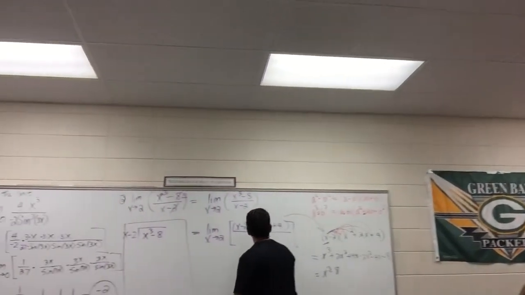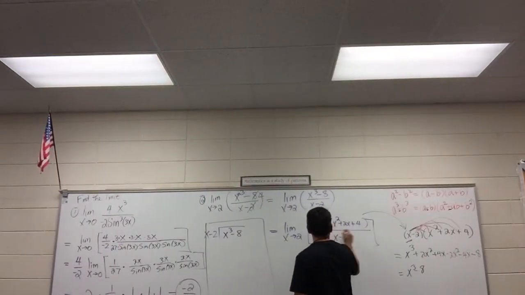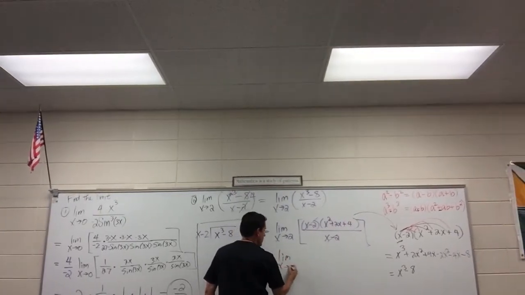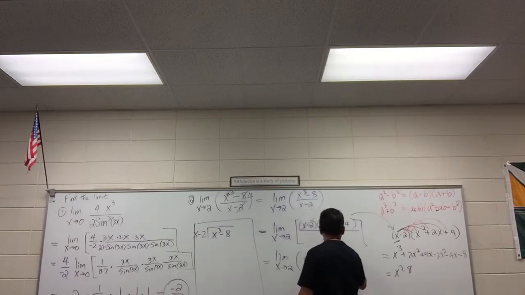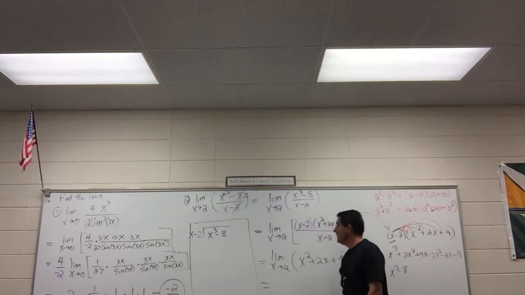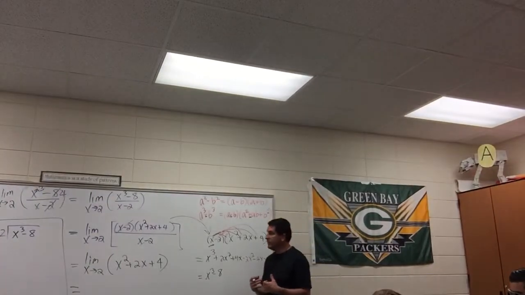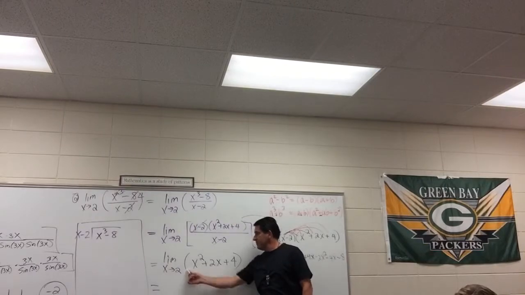Okay. So what do we got? Well, this turns out pretty good. So this cancels, which means that this is the limit as x approaches 2 of this function. And now going back to where we were at the beginning of our limit stuff, this is just a parabola.